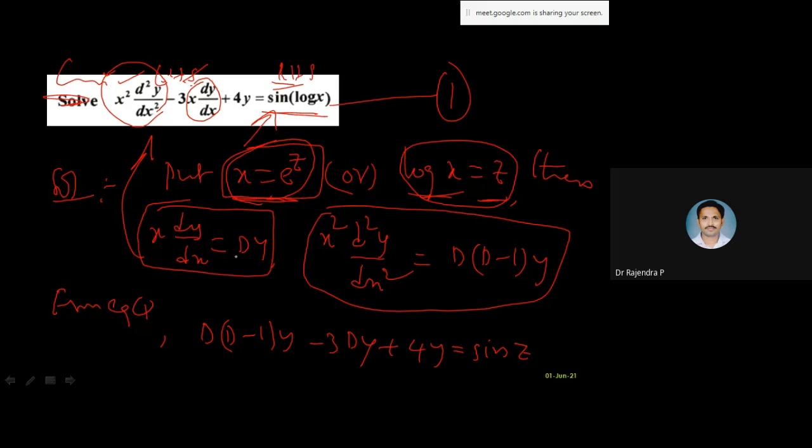We have to be ready with these results. x dy by dx is equal to Dy, x square d square y by dx square is equal to D into D minus 1 into y. How did we get this result? We substituted a is equal to 1 and b is equal to 0 in our Legendre's general form, and we get these two results.